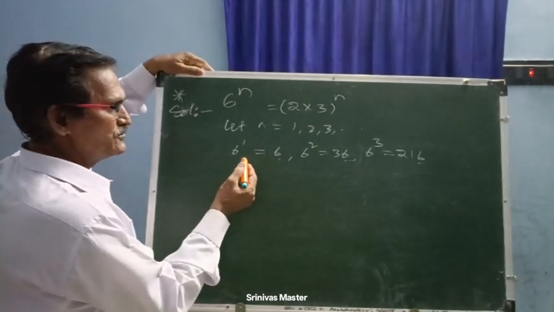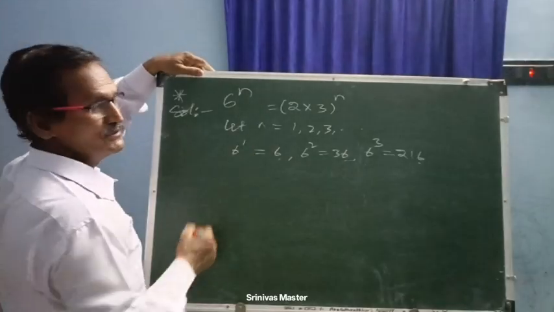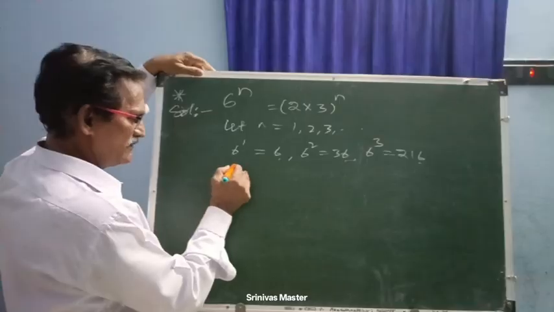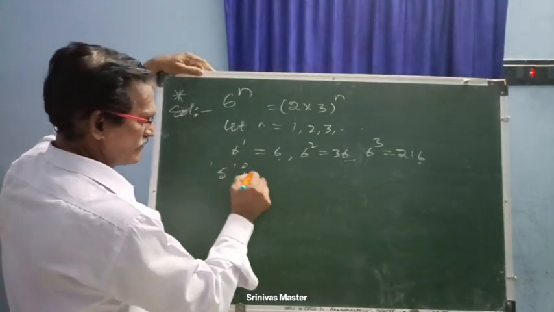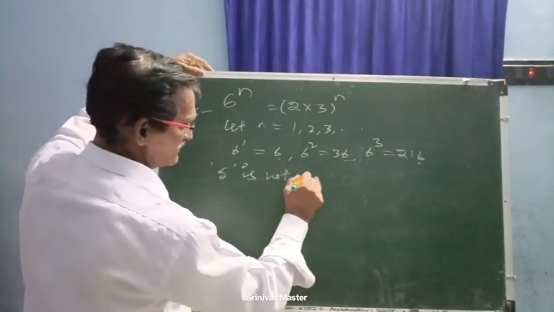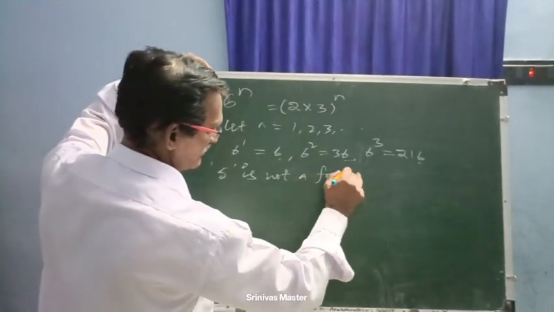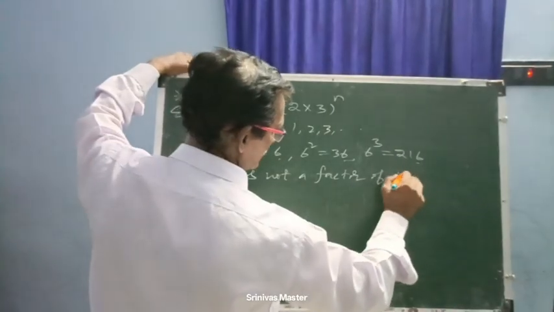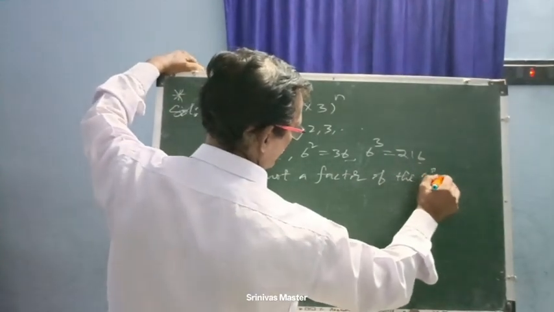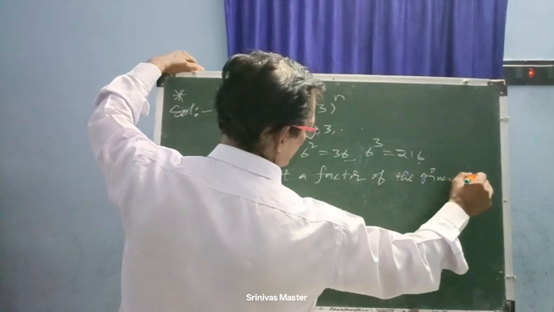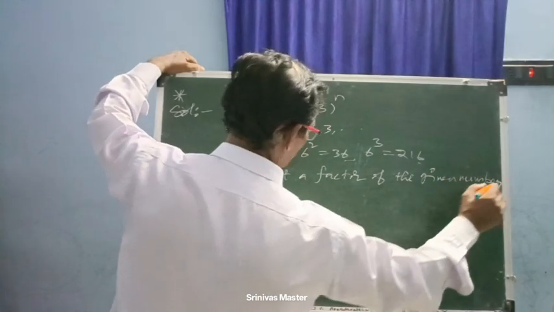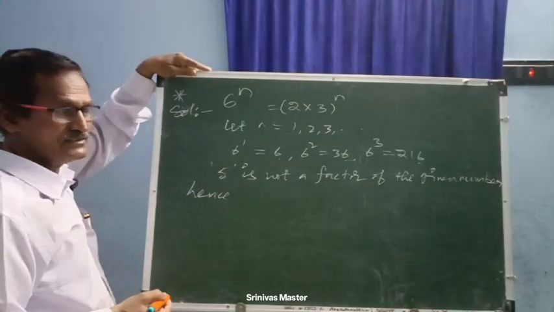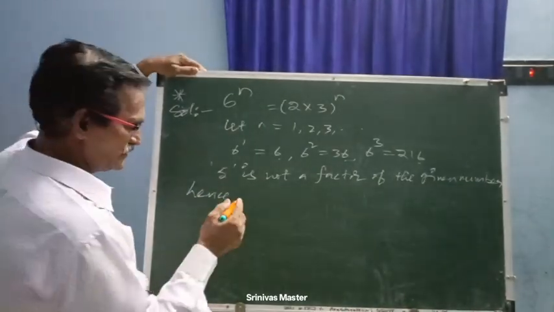There is no 5 as a factor in this number. 5 is not a factor of the given number. Hence it never ends with the digit 0.